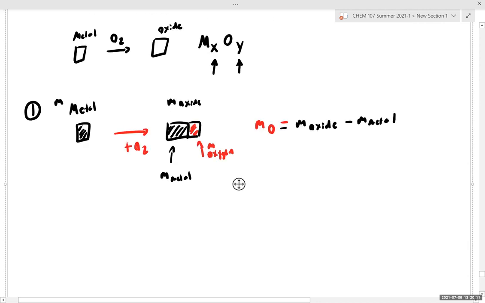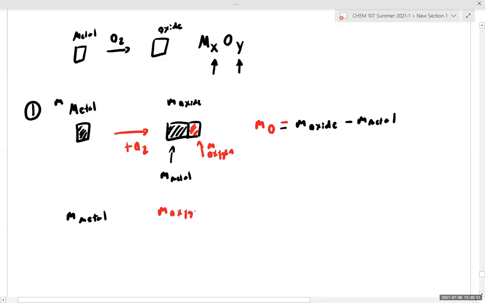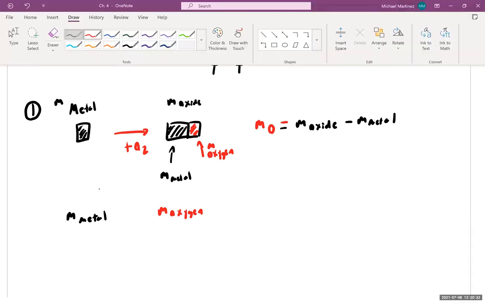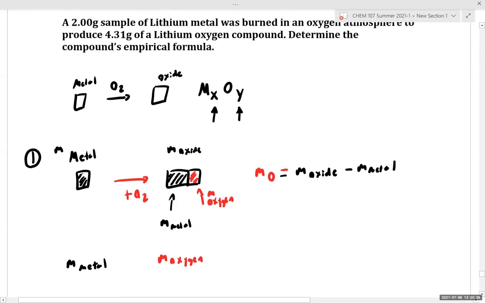Now we have the mass of metal and we have the mass of oxygen. With both of our masses on hand, we can calculate the moles of each element and in turn calculate the empirical formula.